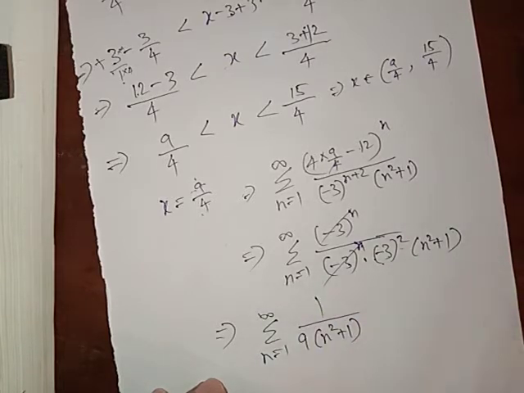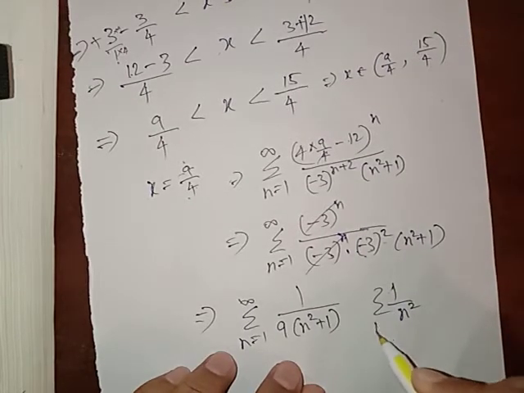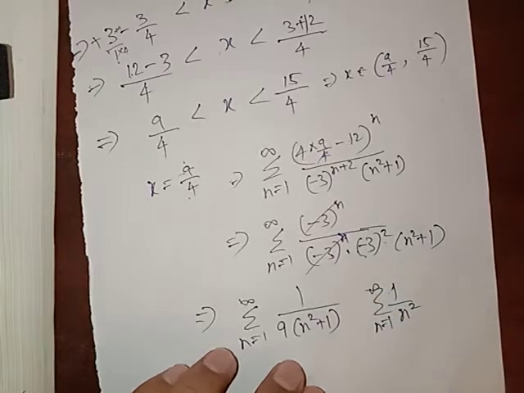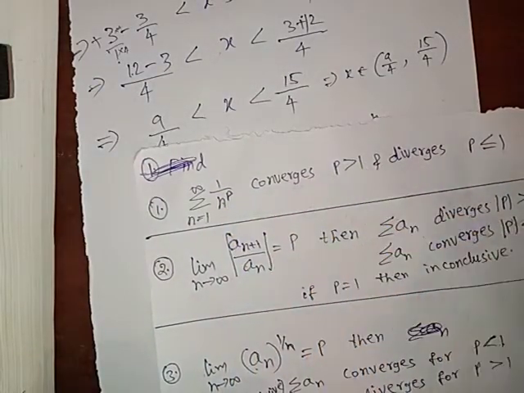Now we know that the sum of 1 divided by n square, from n is equal to 1 to infinity, by the p series test, 1 divided by n raised to p converges when p is greater than 1.